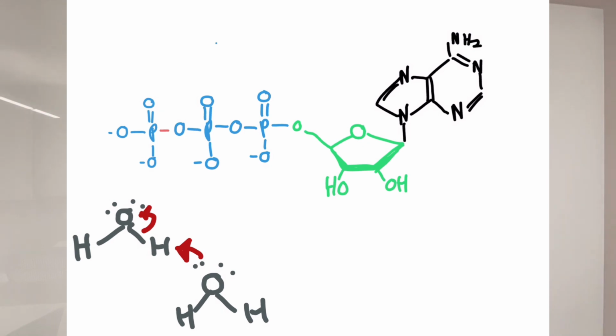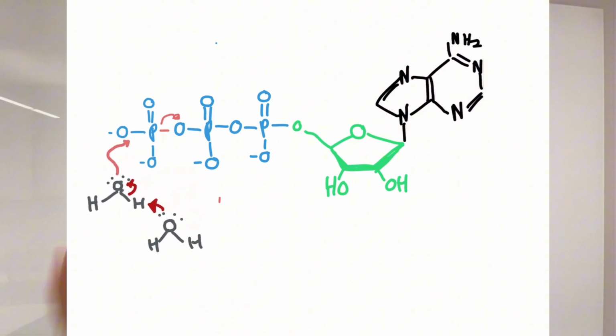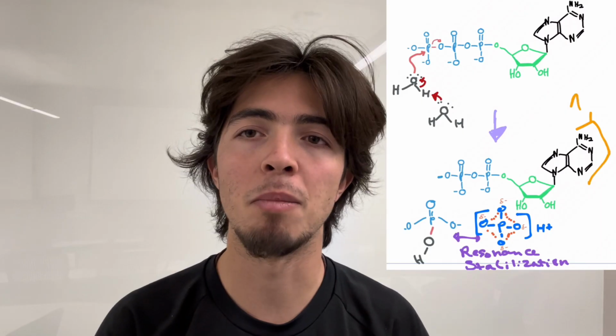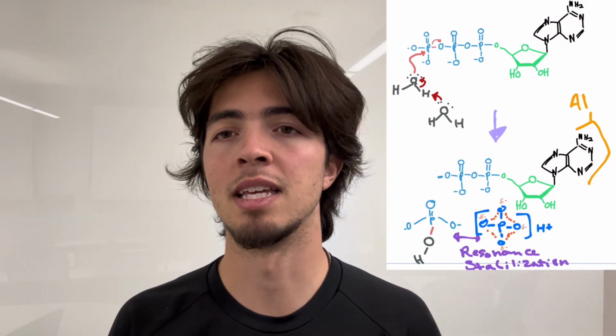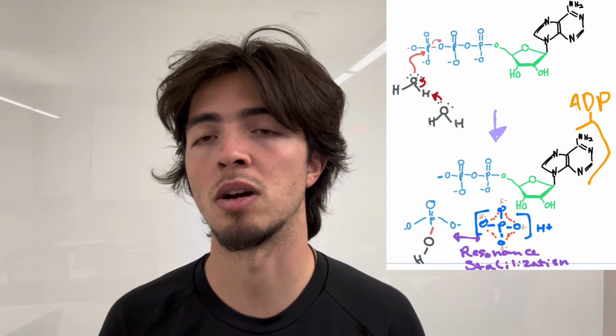You're going to have a hydroxide anion where it's going to do a backside nucleophilic attack on the gamma phosphoryl group at the phosphate. And this phosphate will no longer be able to hold the bond with the beta phosphate group. And so it's going to break off. And in breaking that bond with the phosphate group, it leads to the final products of this reaction.